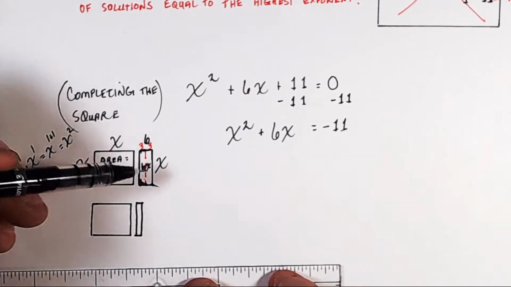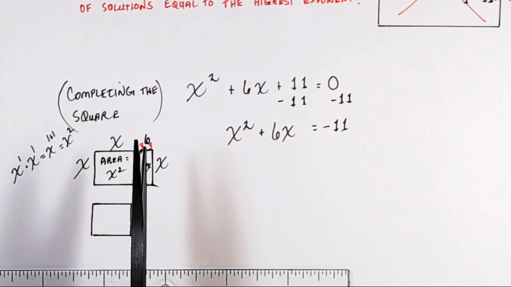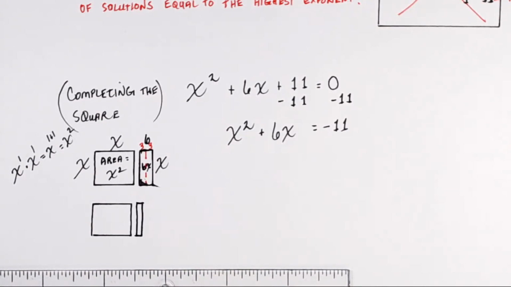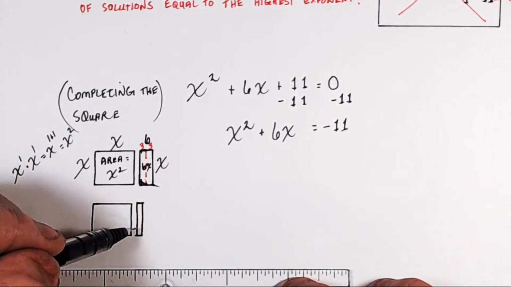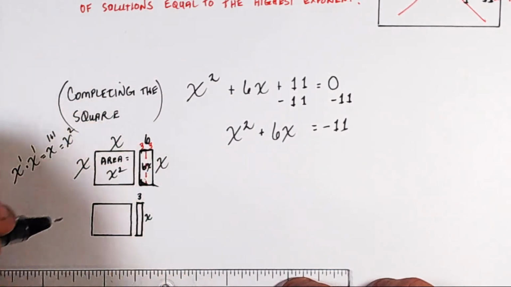Okay, and what I'm going to do is imagine that I take a pair of scissors, and I cut that little strip of paper there into two equal pieces. And I put one strip here with the width of 3 and a height of x.